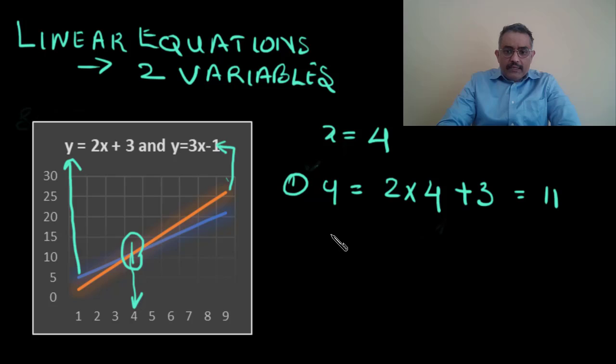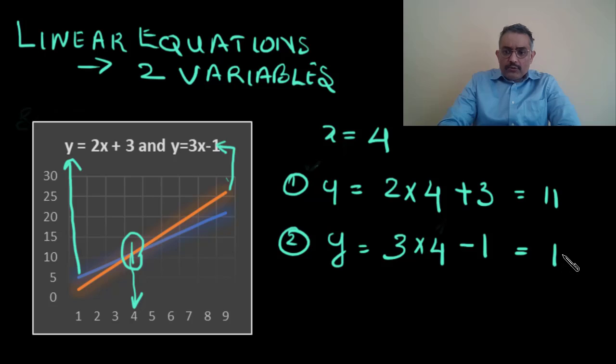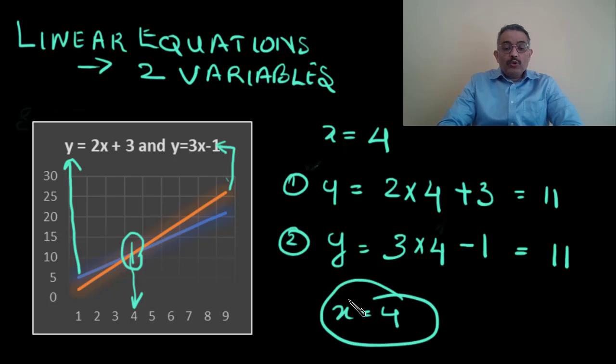And in the second equation we get y is equal to 3 times 4 minus 1. So this is 12 minus 1 equal to 11. So if x equals 4, you get the same y value, and therefore x equal to 4 satisfies both equations as a common solution.